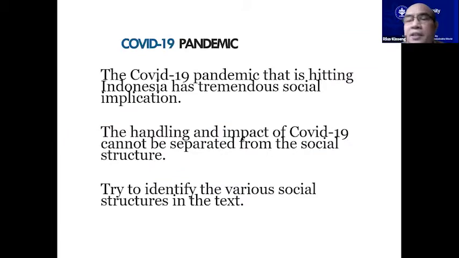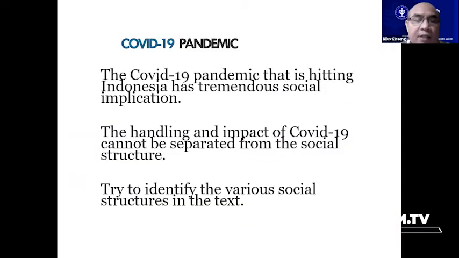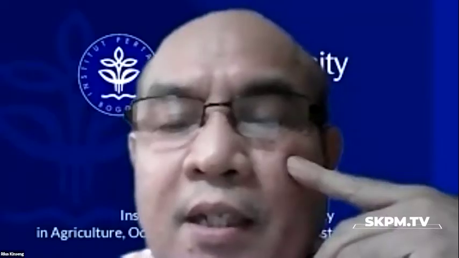The reading is in the material, so we don't put it here in this presentation, of course. Now, if you are asked to identify several social structures in the reading, but unfortunately you didn't have the reading in English, yeah?